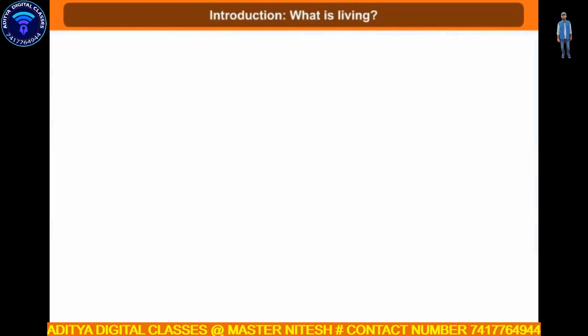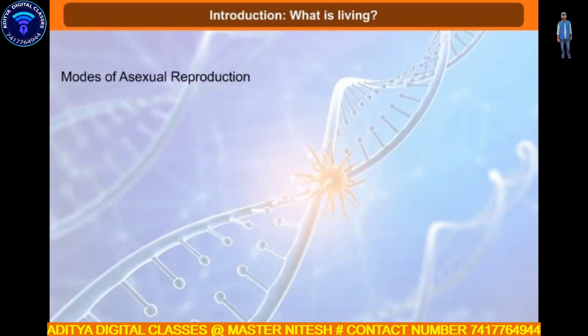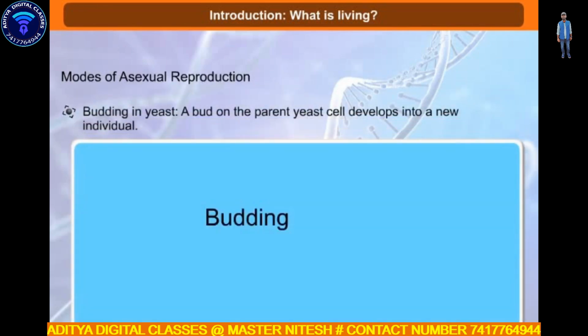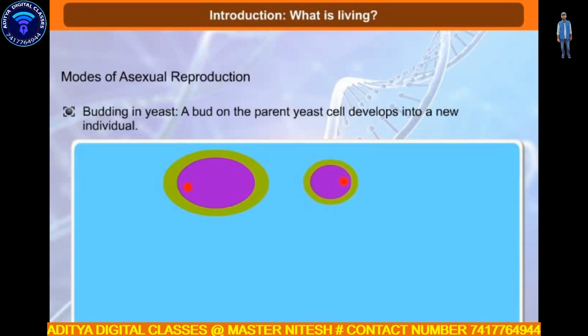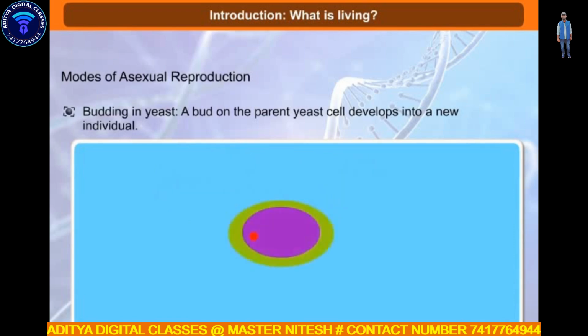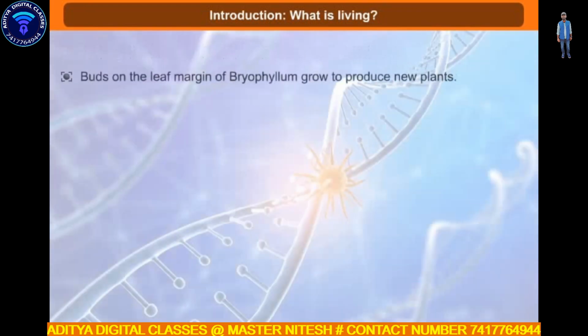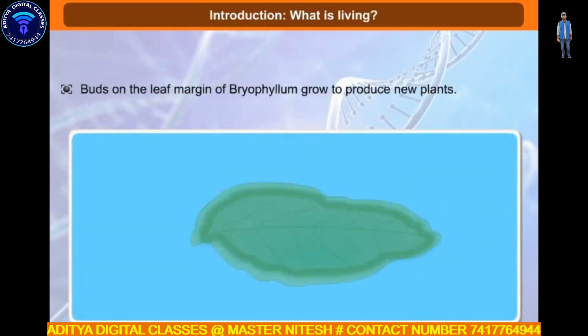Modes of asexual reproduction. Budding in yeast. A bud on the parent yeast cell develops into a new individual. Buds on the leaf margin of bryophyllum grow to produce new plants.